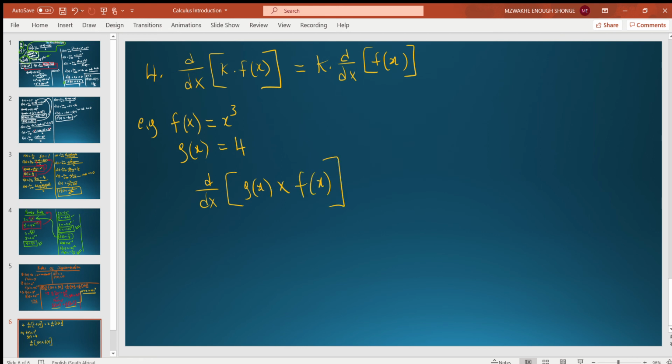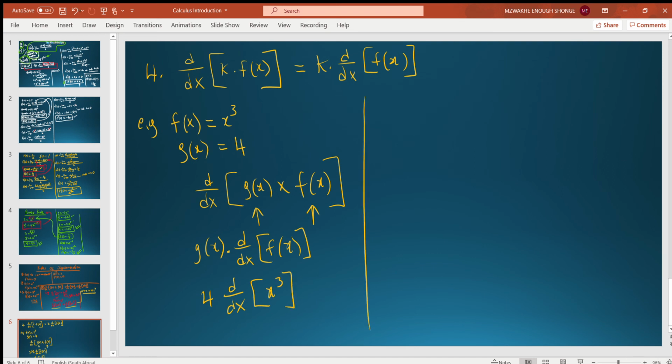So this here is a constant, this here is a function. You can say this is equal to the constant multiplied by the derivative of that function, where you get 4 d over dx of x to the exponent 3.